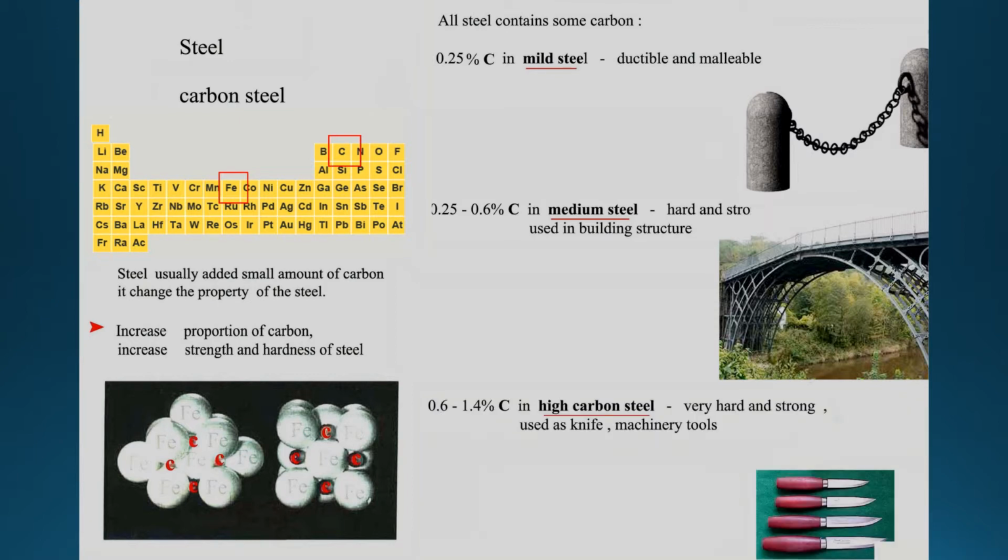If carbon goes to 1%, we call it high carbon steel, very hard and strong, which we use to make knives and cutlery tools. For example, those butcher knives can chop bones and very hard material without getting blunt because they are made of high carbon steel.